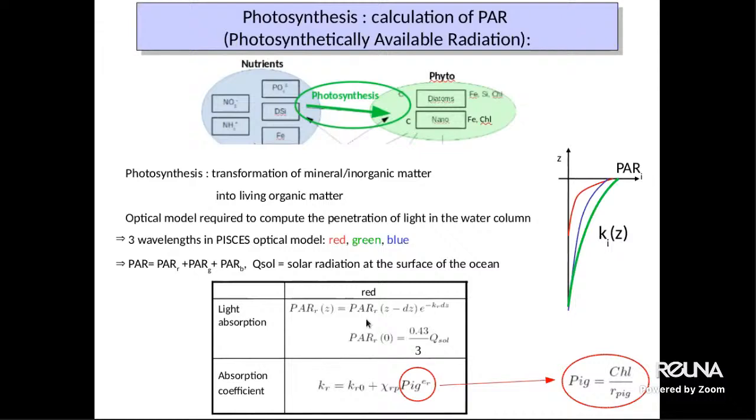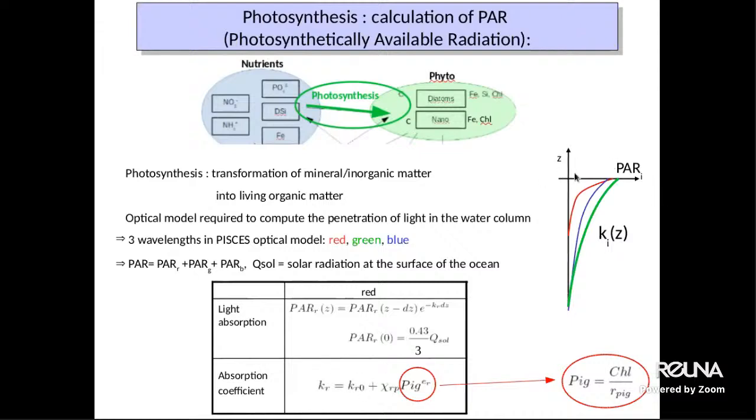We really have a propagation of light in the vertical that depends on the concentration of chlorophyll. The equation is written for the red wavelength, but you have the same kind of equations for the other wavelengths with different constants.